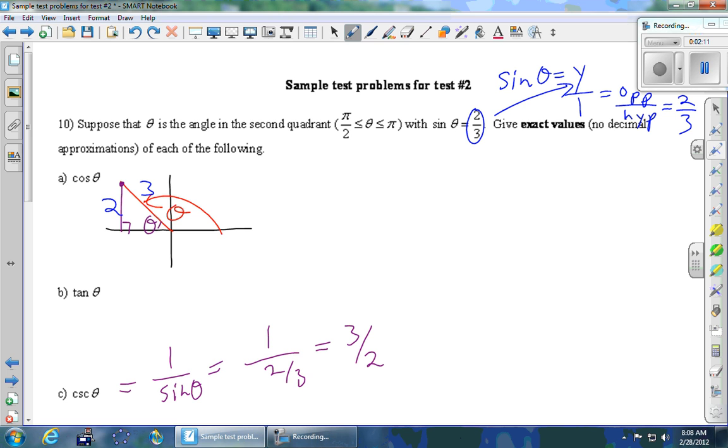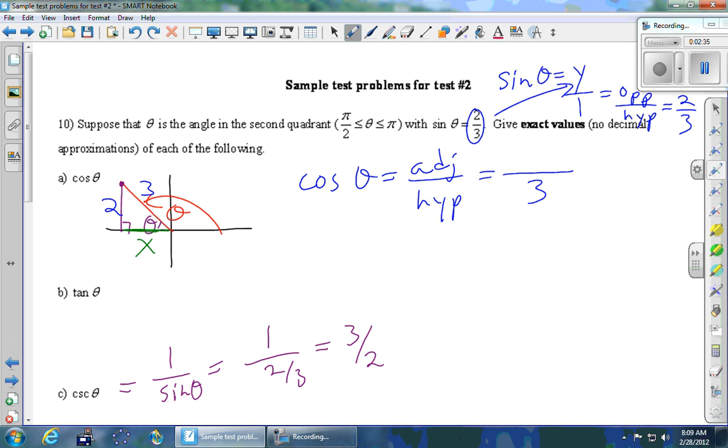And in part A, we're interested in finding the cosine of the angle. And so cosine, remember, is adjacent over hypotenuse. And the hypotenuse is still 3, so all that's left to do is find the adjacent side. So let's go ahead and label this adjacent side with an x.